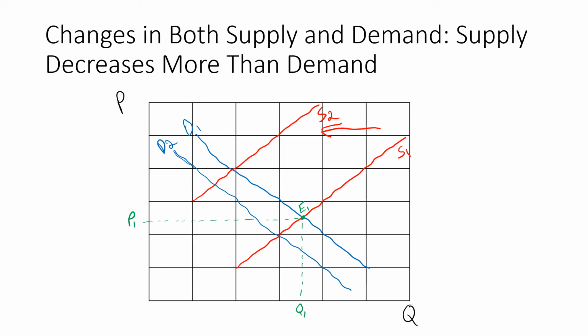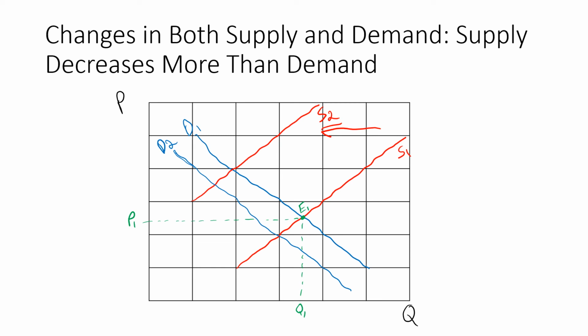All right, so what happens? Well, again, we're looking for where supply 2 and demand 2 intersect. We don't want to confuse ourselves and look at where demand 2 and supply 1 intersect, or where demand 1 and supply 2 intersect. We're looking for where demand 2 and supply 2 intersect, because both of these are moving. Demand is shifting, supply is shifting, and we want to know where our new equilibrium point is going to be.